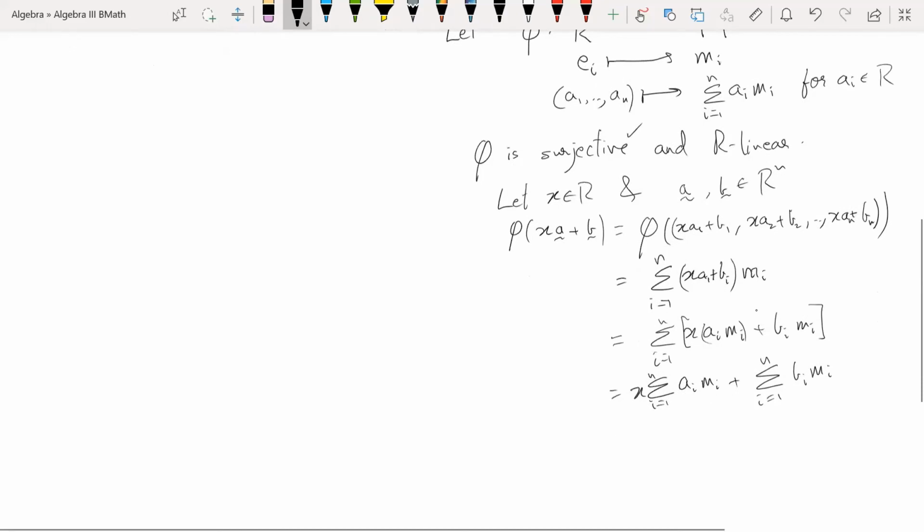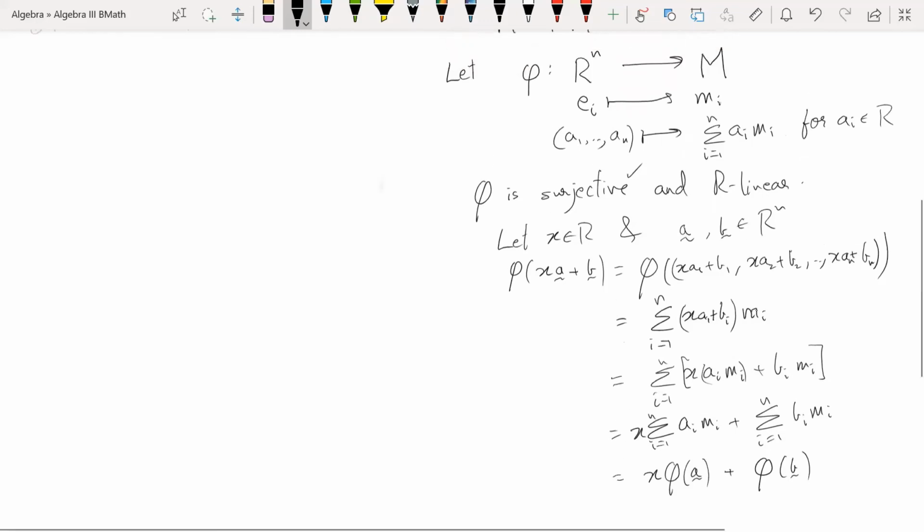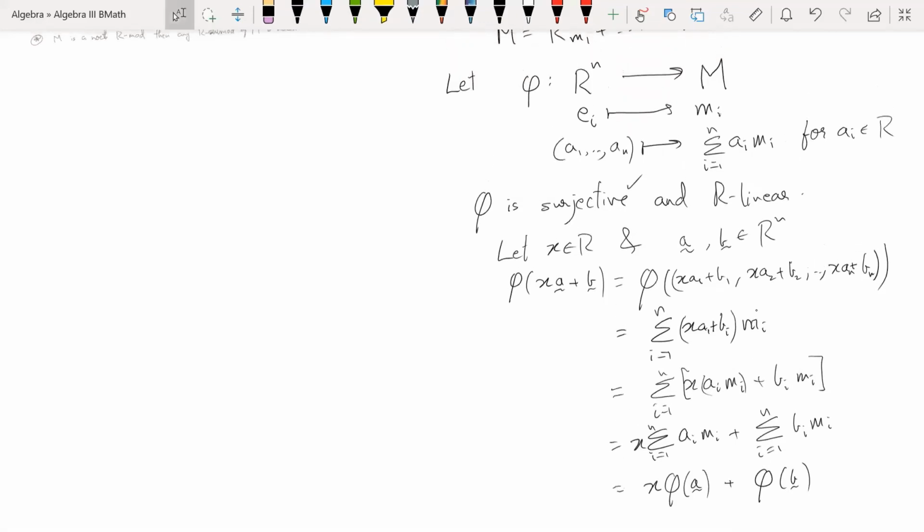But the summation ai mi is precisely the image of a under phi. So this is x times phi a plus phi b, by definition. So this shows that phi is indeed R linear. This is an epimorphism, a surjective map.